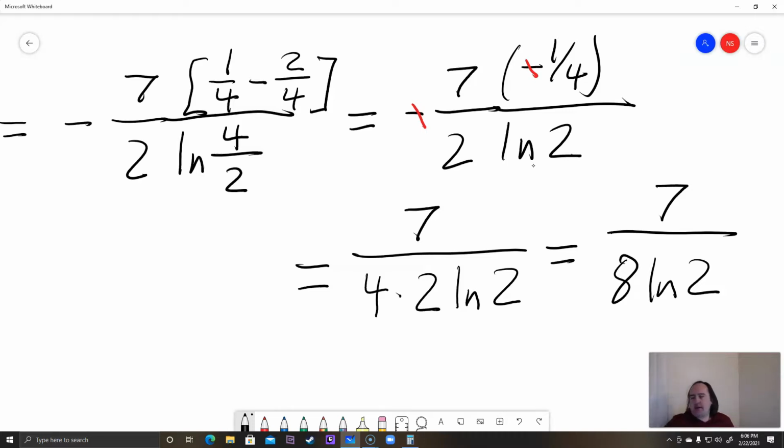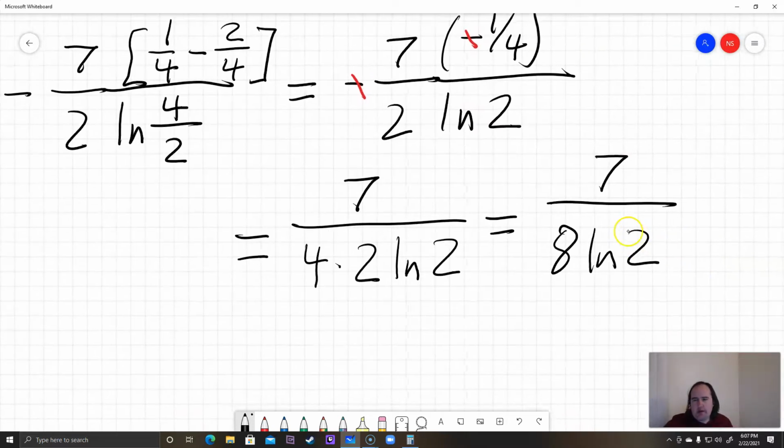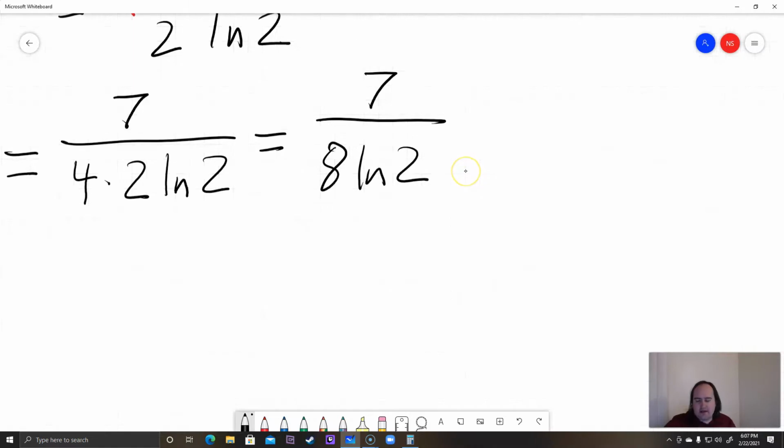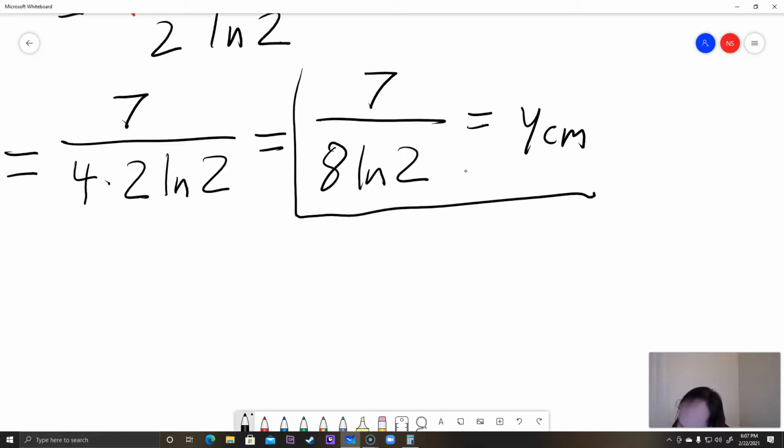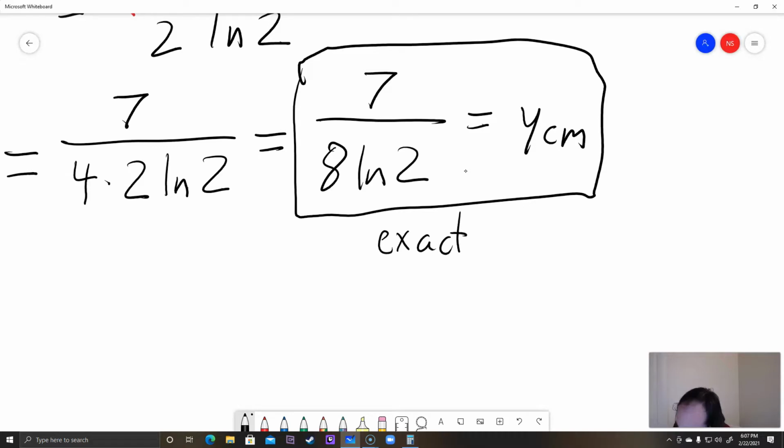That's generally how you would want to leave your exact answer for your y center of mass. Now, on the discussion board problem, you could also use the power rule and bring this exponent up here.